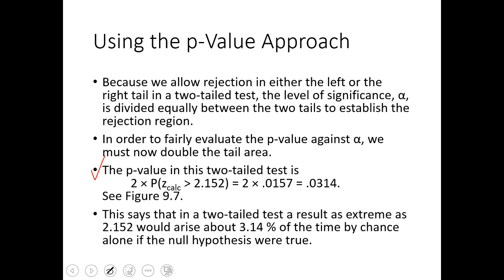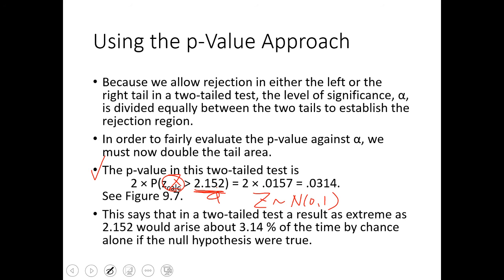In this example, our test statistic was greater than 2.15. That is our z-calc. The textbook says that the z-calc is greater than 1.52, but we would better use large Z instead of z-calc here, and large Z is normally distributed 0,1.